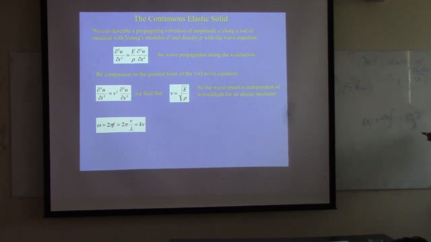So we can write this as 2 pi v over lambda. Also we know your wave vector k is given as 2 pi over lambda. Then I can write 2 pi over lambda as k, right? This becomes kv. So this is the relationship I was talking about, the dispersion relationship.